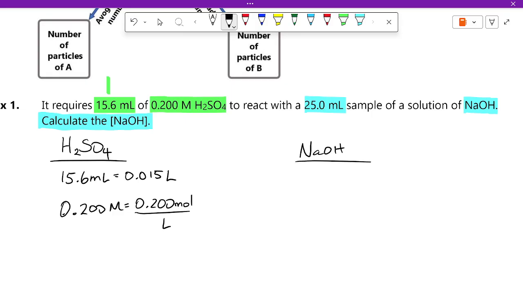What do we know about the NaOH? We know that it is 25 milliliters, which is 0.025 liters.